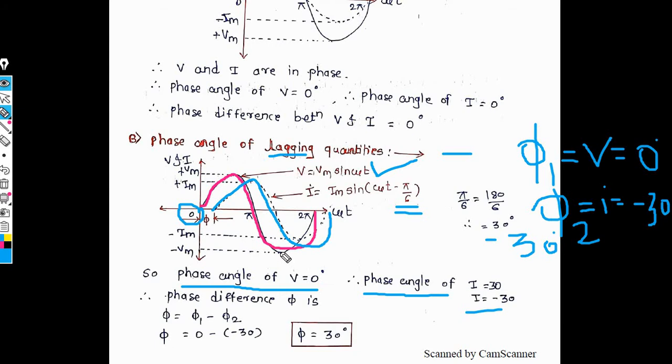Okay. Then why take the minus sign? Because the current waveform starts after the voltage waveform. Then we take the minus sign. If the current waveform starts before the voltage waveform, then we take the positive sign.